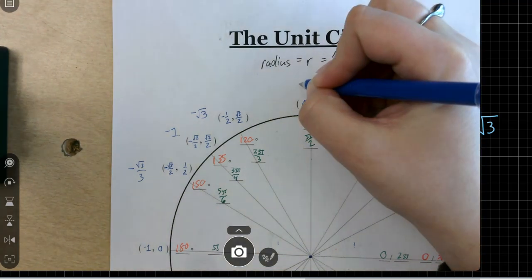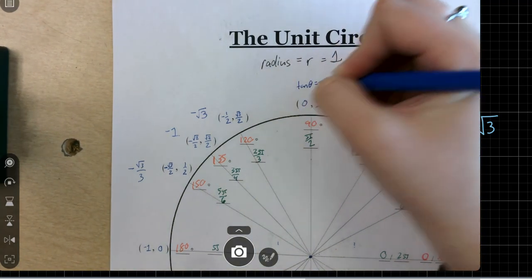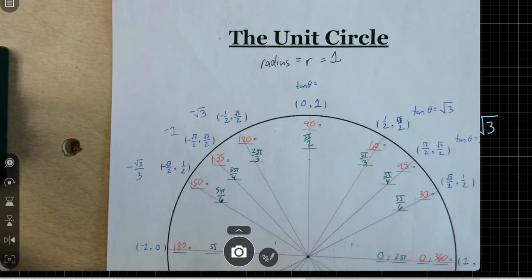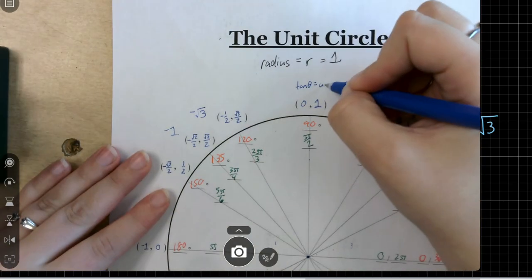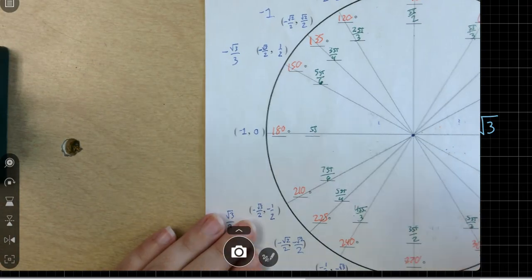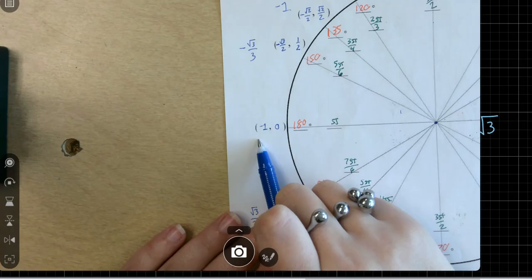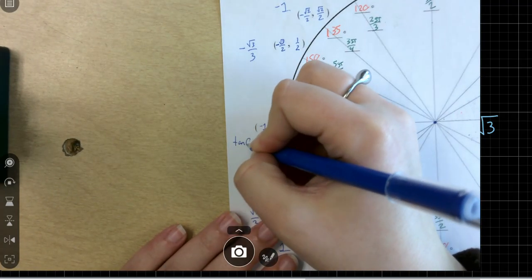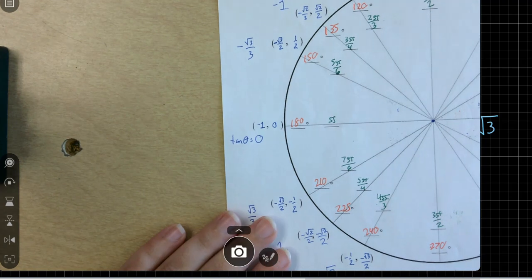What would tangent be here? Yes, I can never divide by 0. So this is undefined. Okay. Over here, what would tangent be? Yep, tangent of theta equals 0.